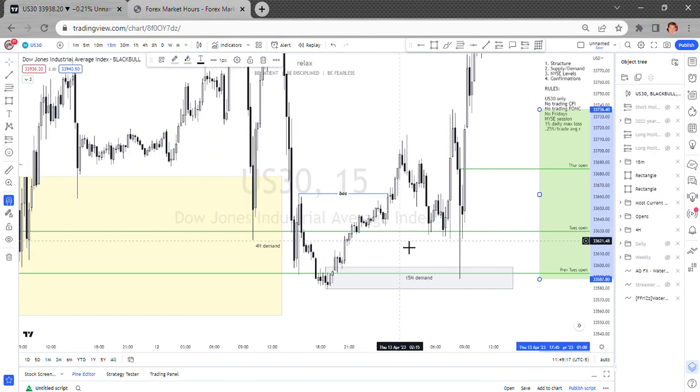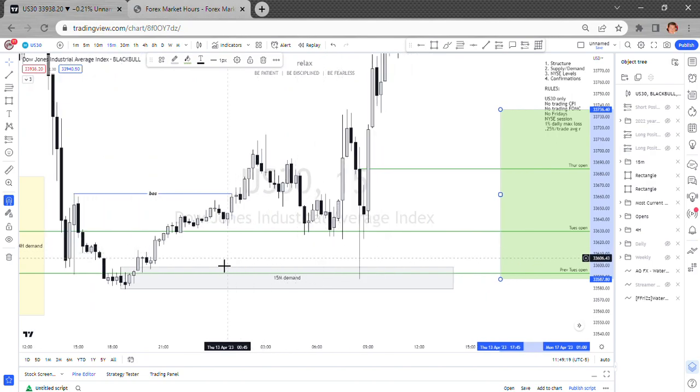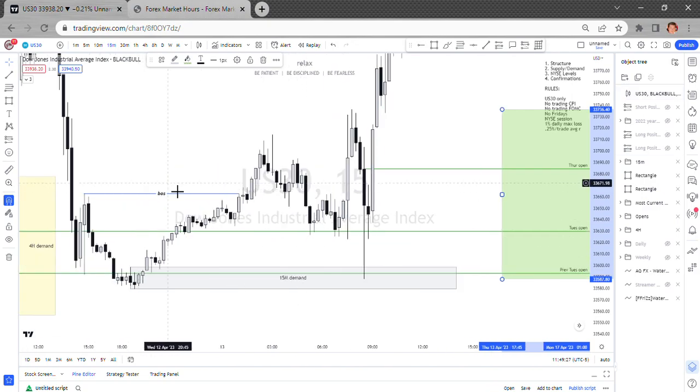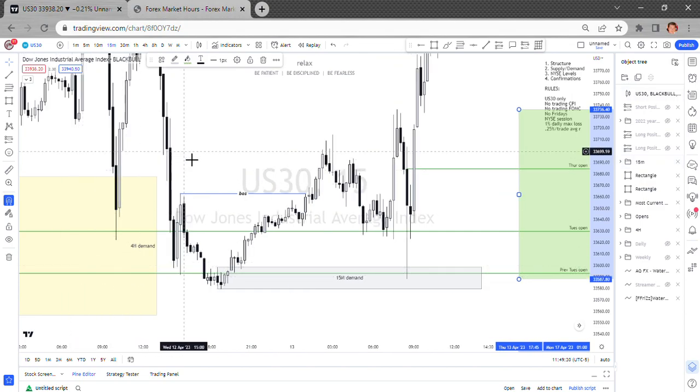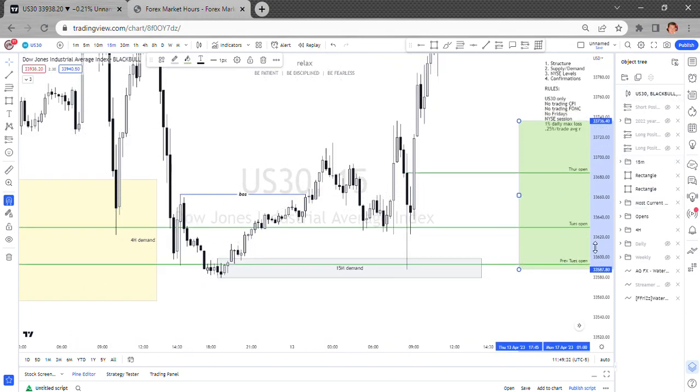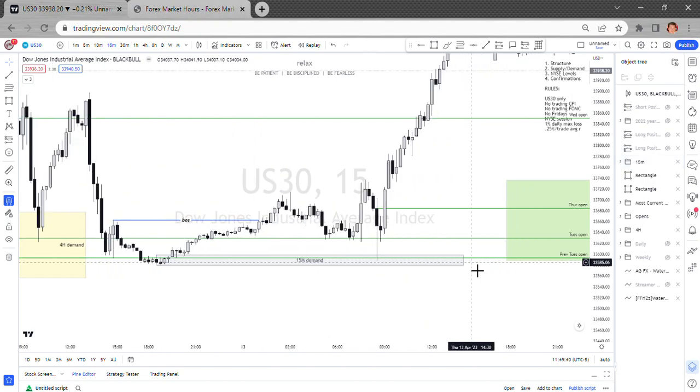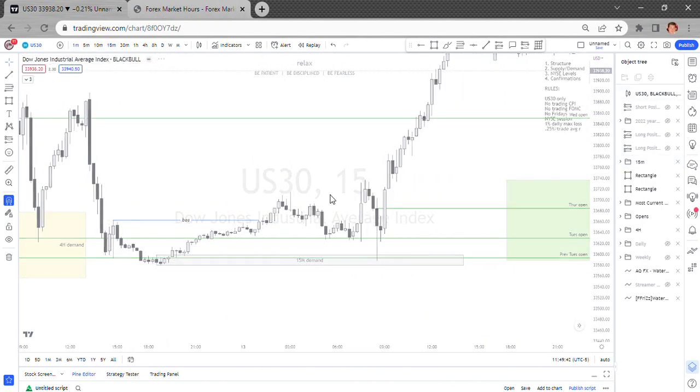So I was watching this area down here. Had a 15-minute break after the 4-hour break. So at this point my 4-hour is bullish, my 15-minute is bullish. So I'm looking for entries down here in this demand zone.